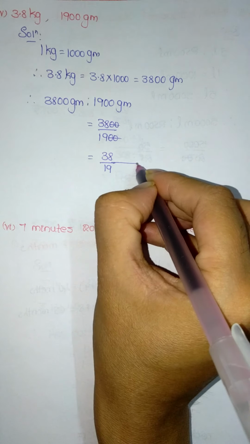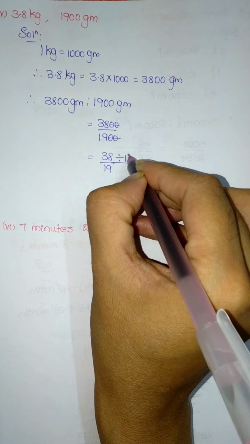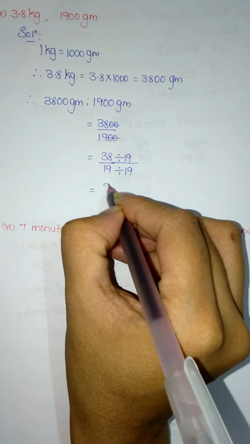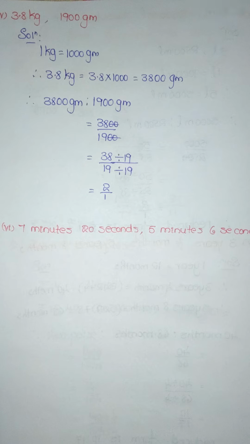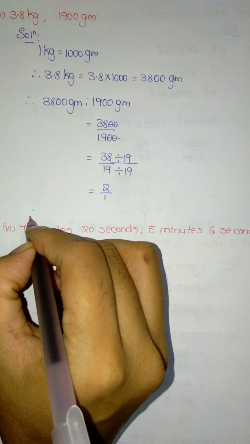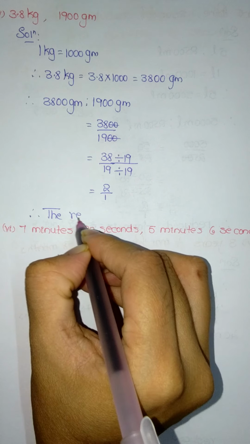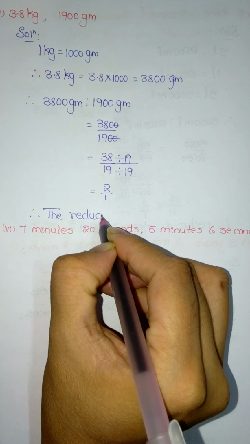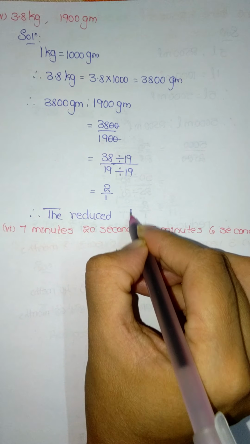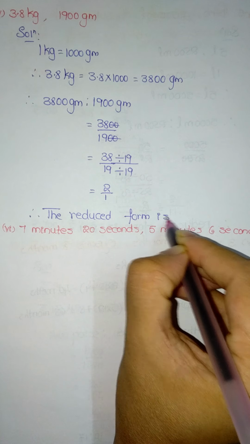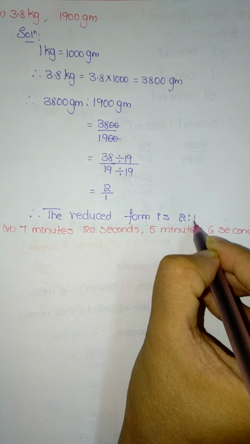Both are divided by 19. So 19 twos are 38 and 19 ones are 19. So therefore we can write the reduced form is 2 raised to 1.